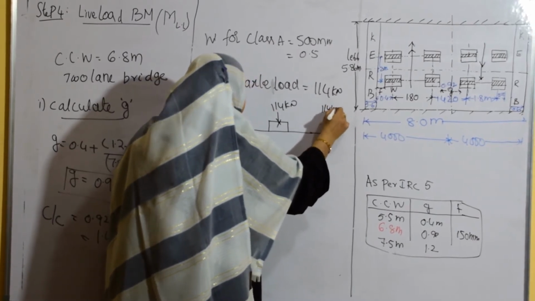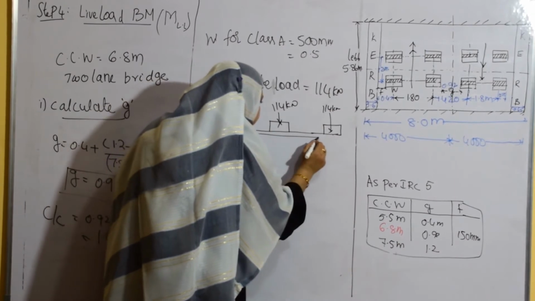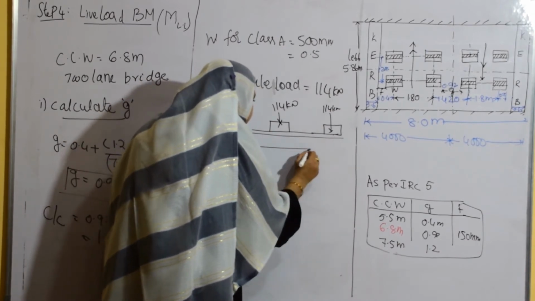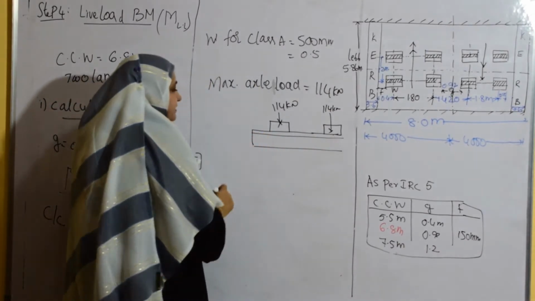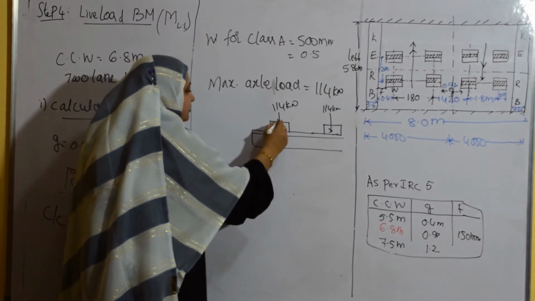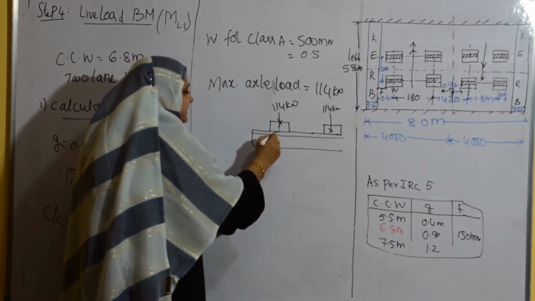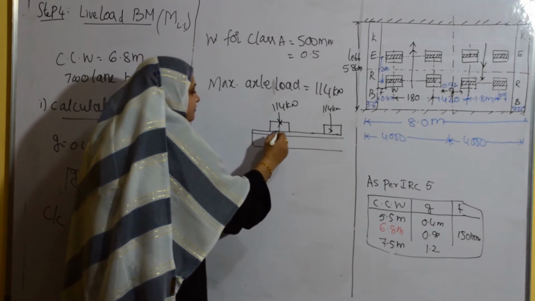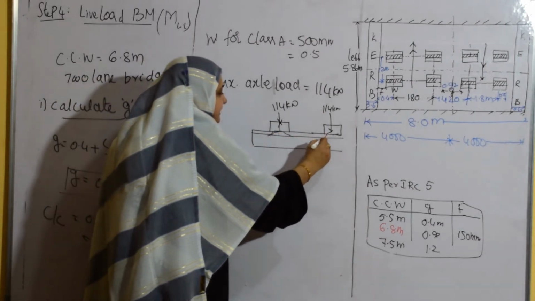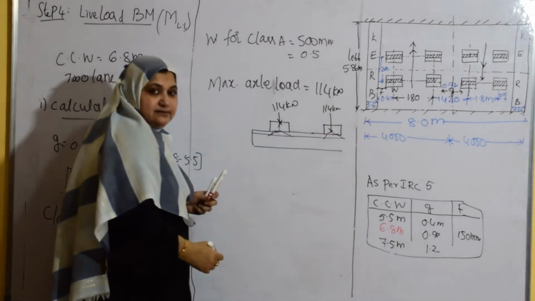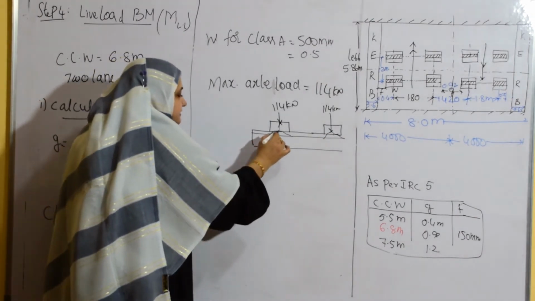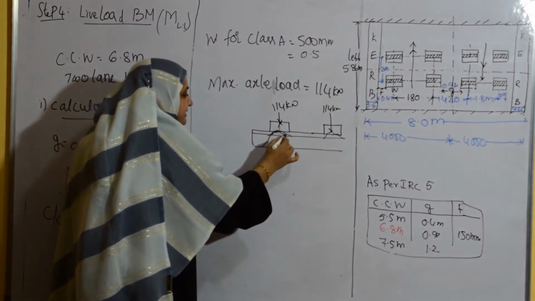What happens is, this is the wearing coat thickness, this is the slab thickness. This will not go as a point load, it gets spread at an angle of 45 degrees.